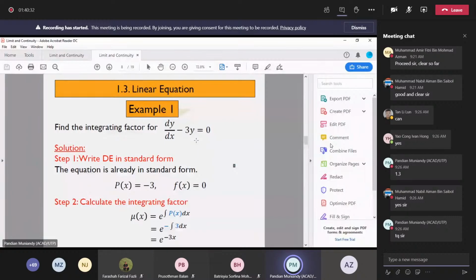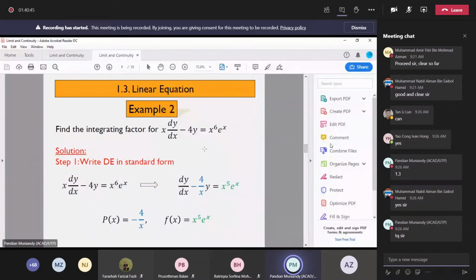That is the meaning of that. This example was just to show you how to calculate mu(x). In this case, mu(x) is e to the power minus 3x. Now, this problem is not in the linear form. Why? Because this must be dy/dx only. There is an x here, so you must bring x.